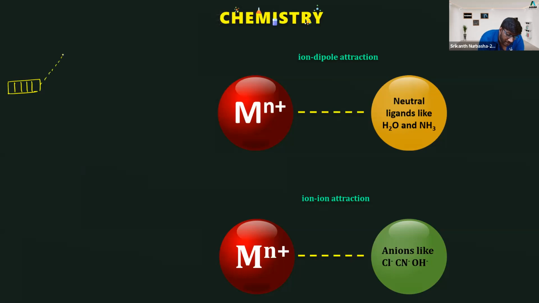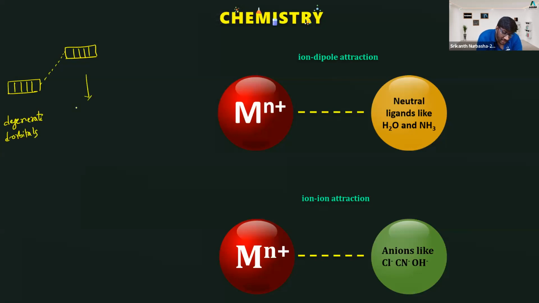So if we have a spherical field, all the ligands are coming from all directions. Now it is not an octahedral field. Spherical field means ligands are coming from all the directions. So it is a degenerate set of d orbitals.